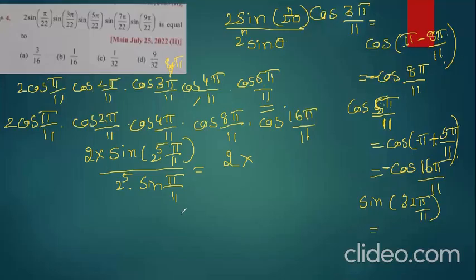So can I write this? Because I have here pi by 11, let me try to write the above thing in terms of pi by 11. So can I write this as sine pi minus, let me write, 11 is our denominator, 11 pi.